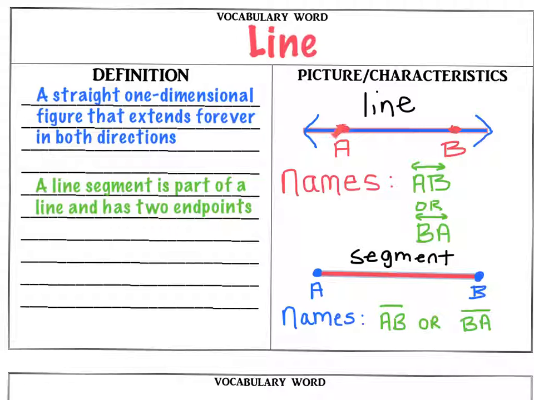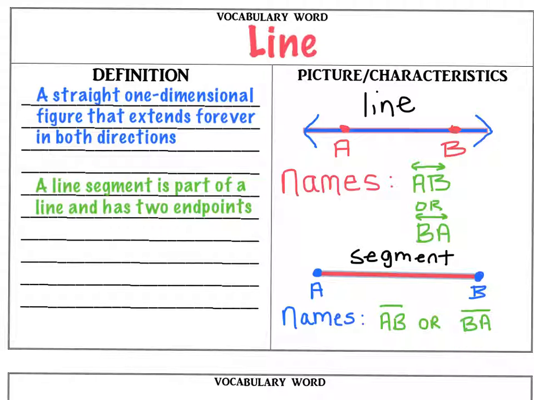Okay, if we wanted to just talk about this piece of the line from here to here, we didn't want the whole thing, just that piece, we call that a line segment. So a line segment has endpoints. It actually will stop. And we can call this line segment AB, or we can call it line segment BA.